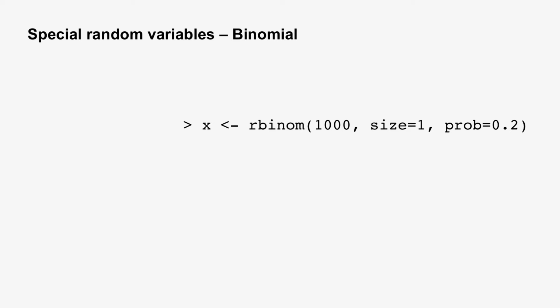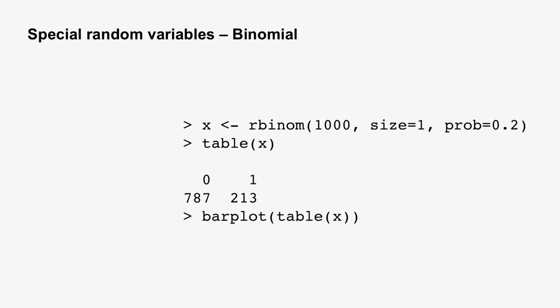You can also store all those values in a variable, let's say x. Then we can use the table function to get it tabulated. So in this case, remember now that we are talking about random numbers, so the output will be non-deterministic. I got 787 zeros and 213 ones.